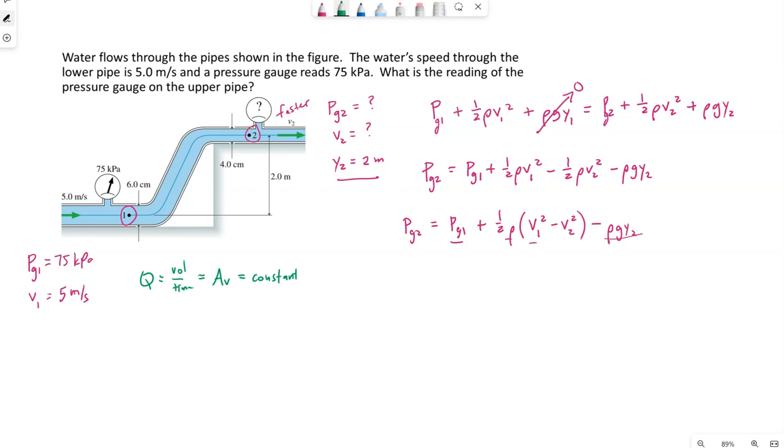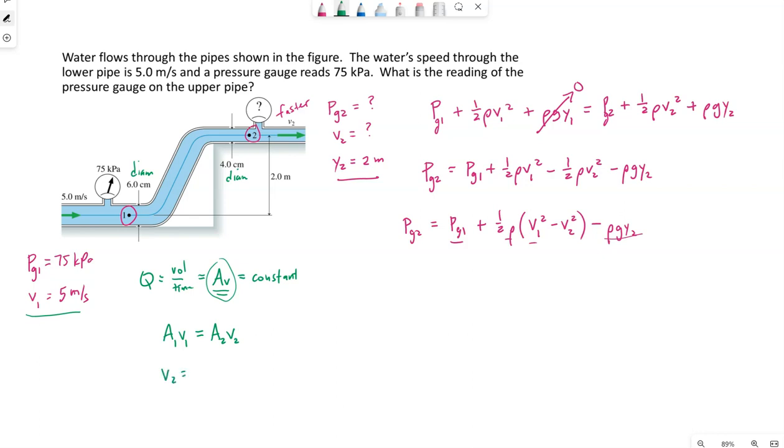They give me the diameter at point 1 and the diameter at point 2 in the picture: 6 centimeters at point 1, 4 centimeters at point 2. So I'm going to say A1 times V1, the cross-sectional area of the pipe at point 1 times how fast the fluid is flowing at point 1. When we say it's constant, we mean it has to equal A2 V2.